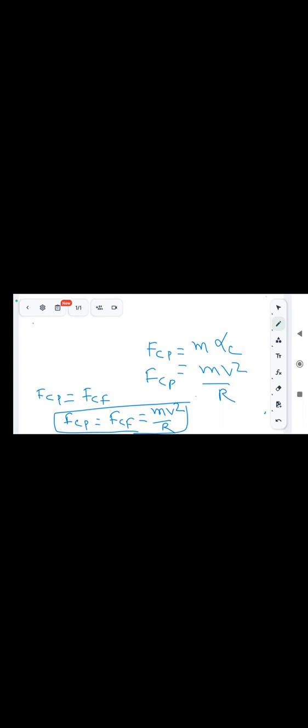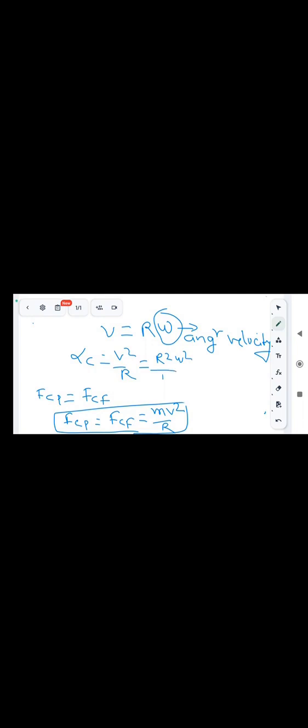Now the velocity v is equal to what? Velocity v equal to r omega.